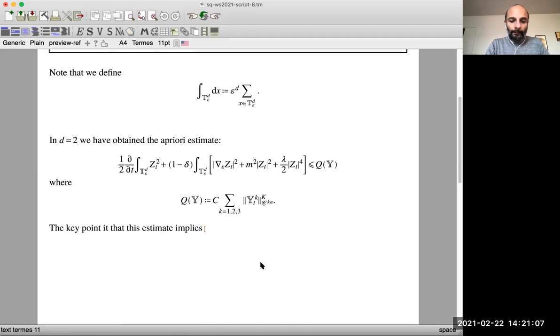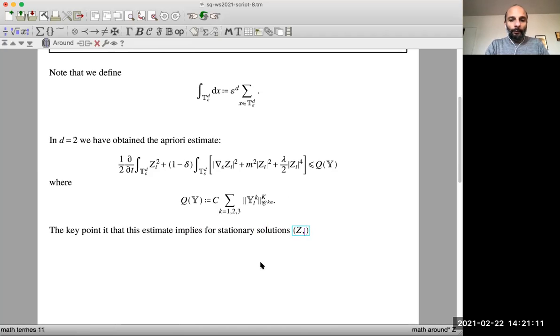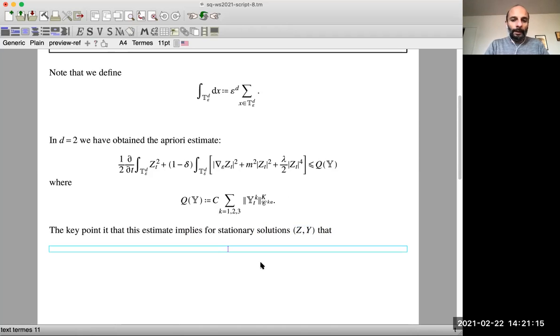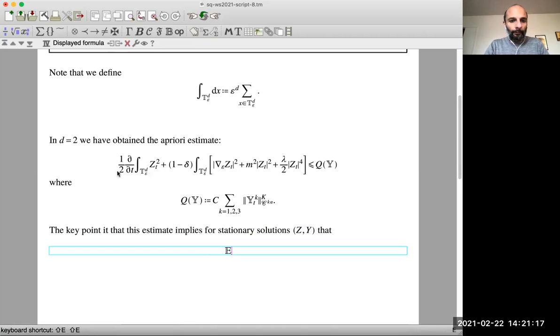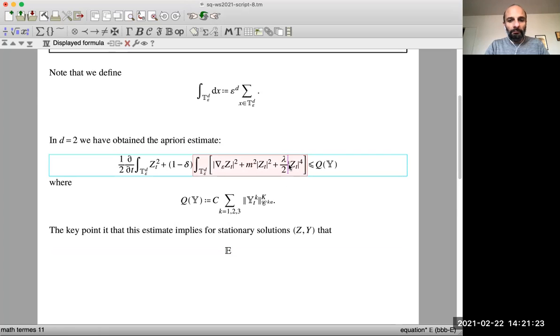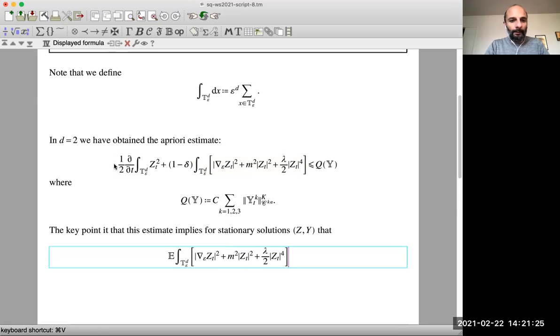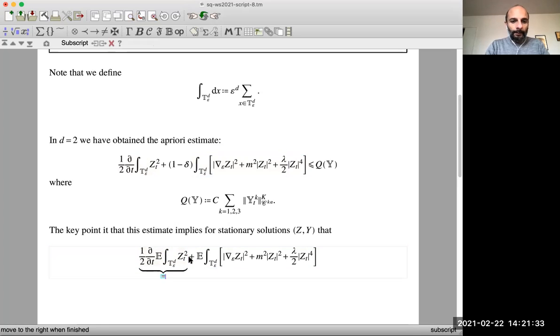So it implies for stationary solutions that now you take the average, for example. Since it's stationary, the average of this disappears. So you just get the average here. So essentially you get the average of that. So let me maybe write, this disappears by stationarity.